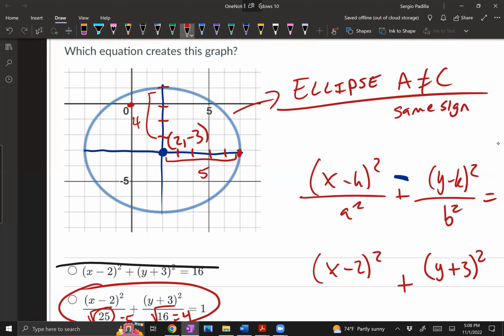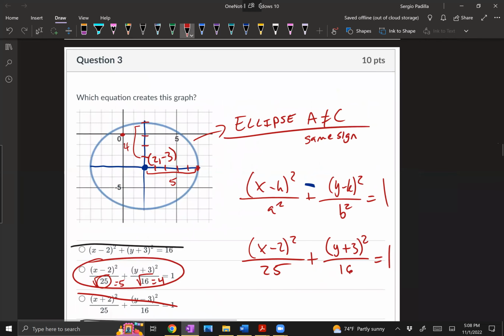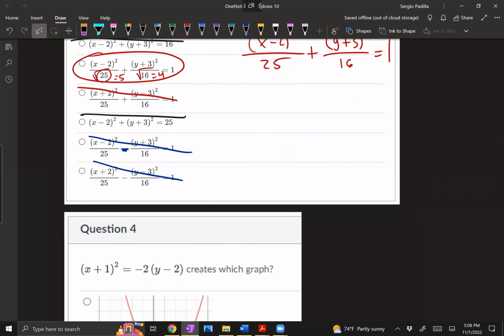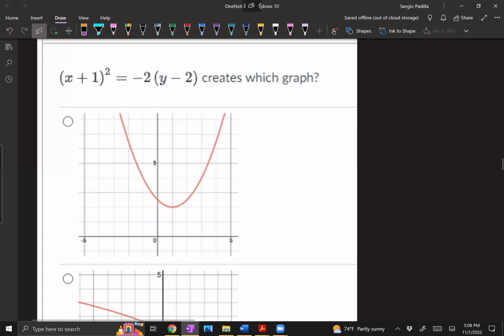The vertical axis and the horizontal axis, it gives it to you here, 25 here and 16 here, equal to 1. All right, so again, using a few ideas, knowing the equations just a little bit can really help you eliminate answer choices, which in this case is supremely helpful. As soon as you do that, all the other ones become pretty simple.